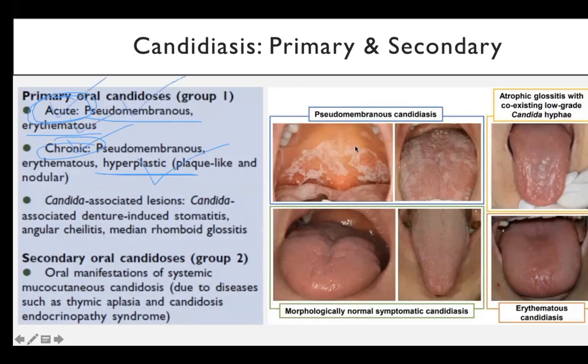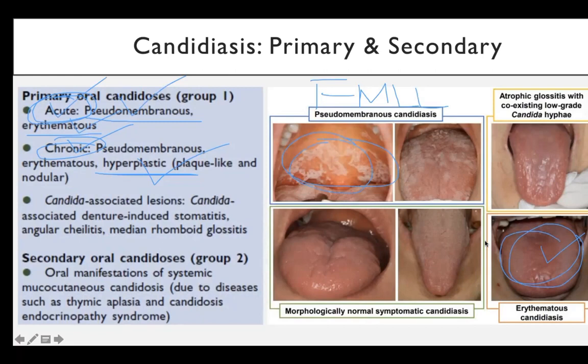What is pseudomembranous? Pseudomembrane, false membrane, looking like a false membrane, not a proper membrane. Pseudomembranous candidiasis. And then erythematous will be red looking, appearing redder more than white. So you see it looks like a false membrane, a whitish grayish membrane.